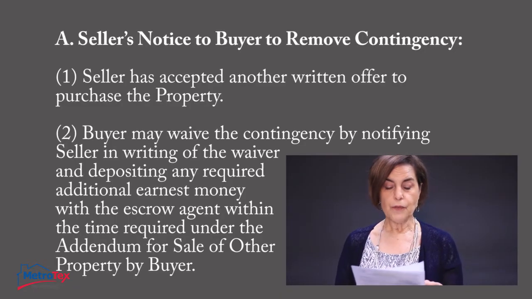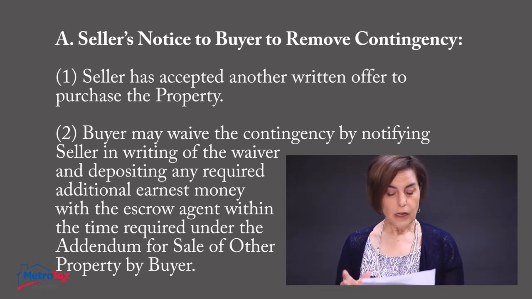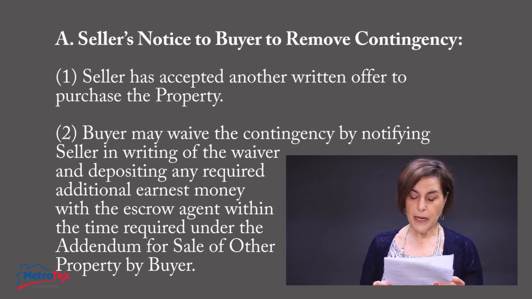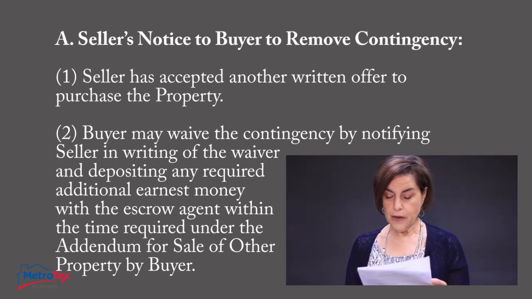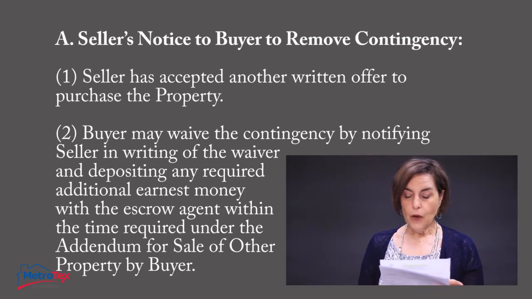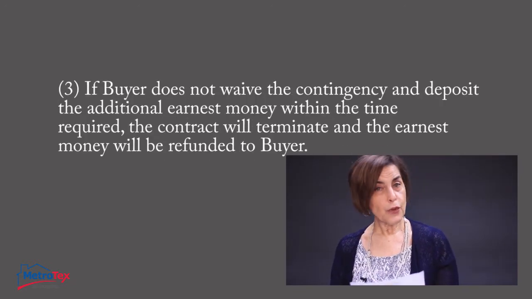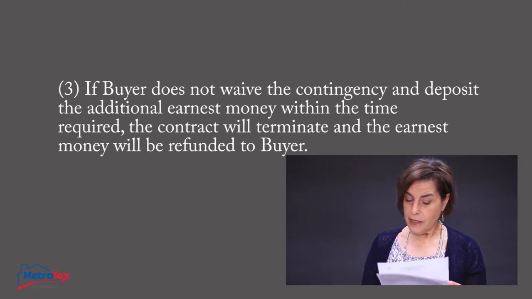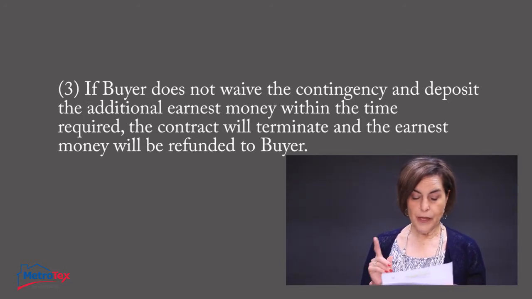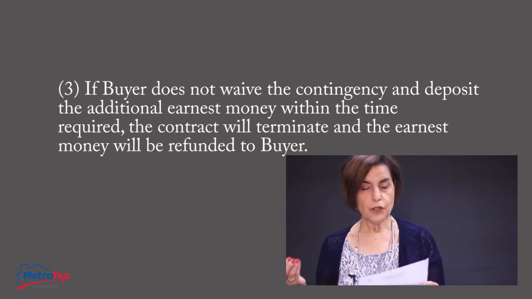Seller's notice to buyer of removal of contingency. 1, seller has accepted another written offer to purchase the property. 2, buyer may waive the contingency by notifying the seller in writing of the waiver and depositing any required additional earnest money with the escrow agent within the time required under the addendum for sale of other property by buyer. 3, if the buyer does not waive the contingency and deposit the additional earnest money within the time required, the contract will terminate and the earnest money will be refunded to the buyer. And the seller signs and dates that. And we send it over to the buyer.